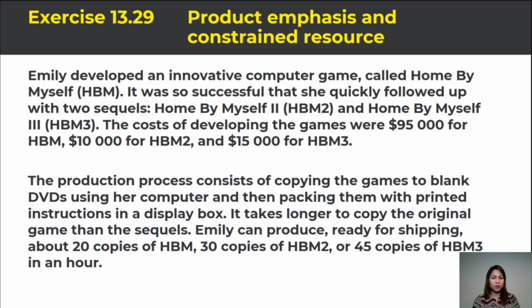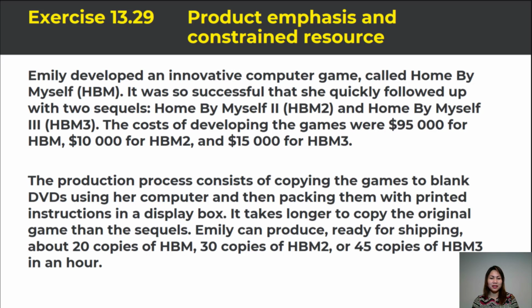The production process consists of copying the games to blank DVDs using her computer, then packing them with printed instructions in the display box. It takes longer to copy the original game than the sequels. Emily can produce, ready for shipping, about 20 copies of HBM, 30 copies of HBM2, or 45 copies of HBM3 in an hour.